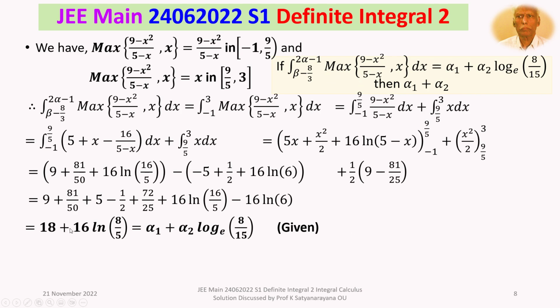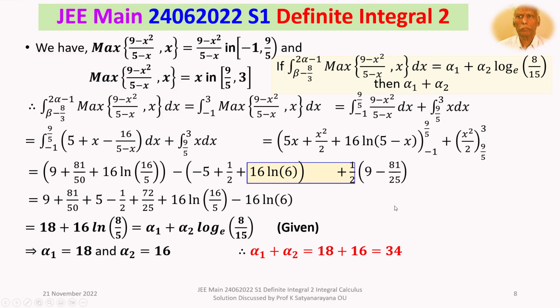So this is the answer we got, and this is equal to alpha 1 plus alpha 2 logarithm of 8 by 15 to the base e, as given to us. From this, alpha 1 is 18 and alpha 2 is 16. We want alpha 1 plus alpha 2, therefore alpha 1 plus alpha 2 is 18 plus 16, that is equal to 34. And our answer for this question is 34.